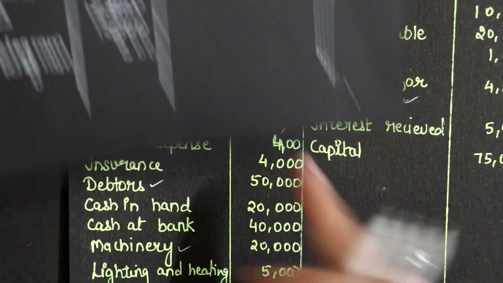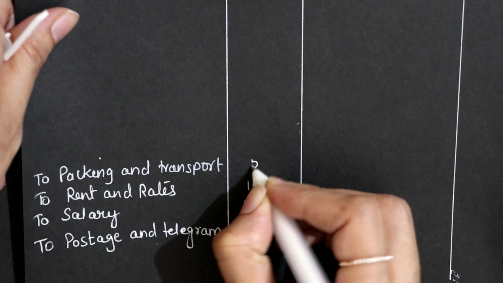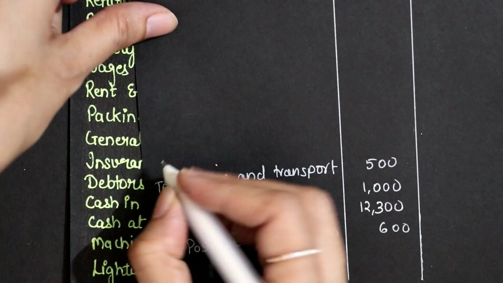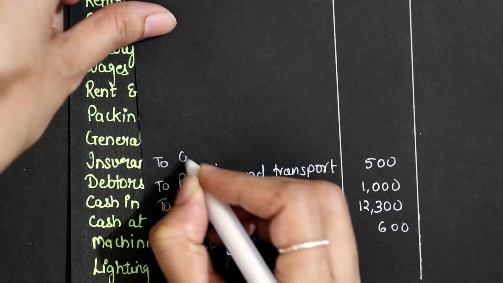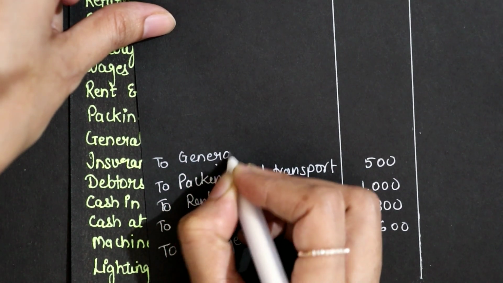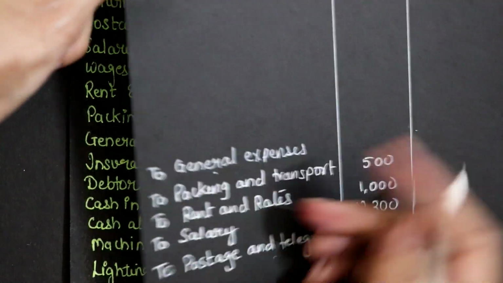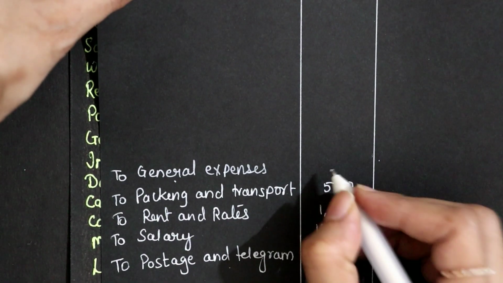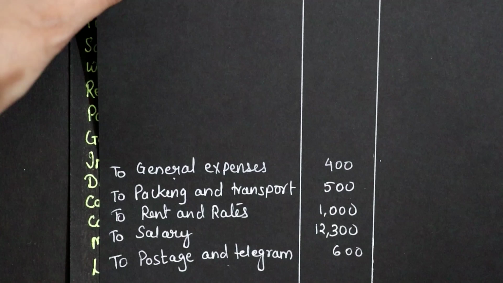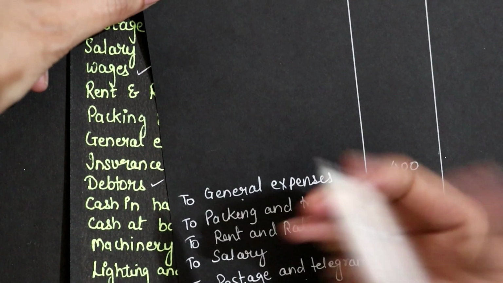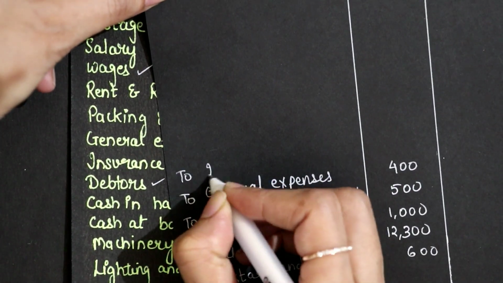It should be 500. Then general expense appears on the same profit and loss account debit side. General expense, no adjustment, amount should be on the outer column. Insurance 4,000, no adjustment to insurance.